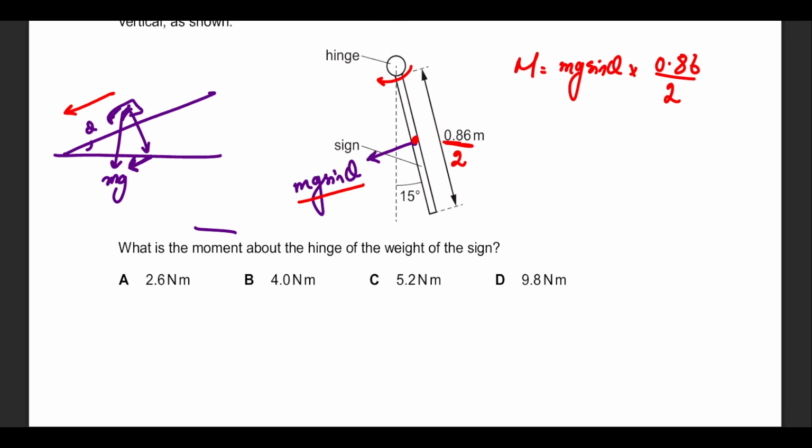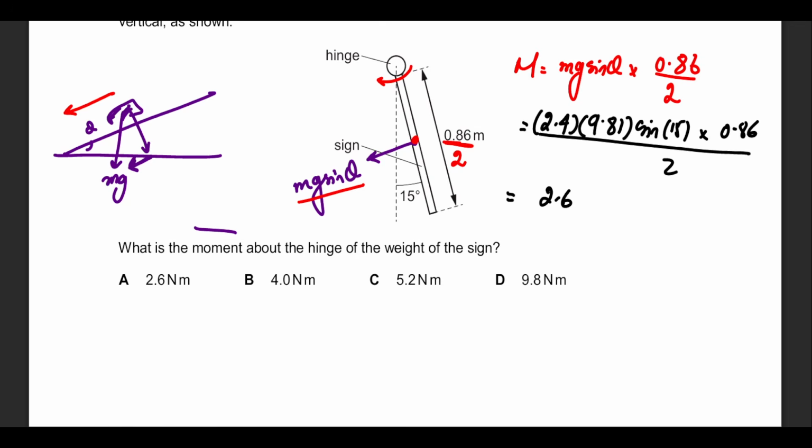So this will be 2.4 times 9.81 times sine of 15 degrees, multiplied by 0.86 divided by 2. This comes out as 2.6 newton meters, which is option A.